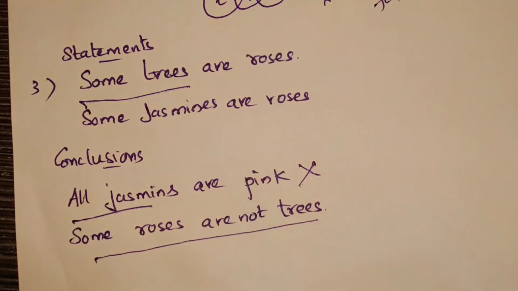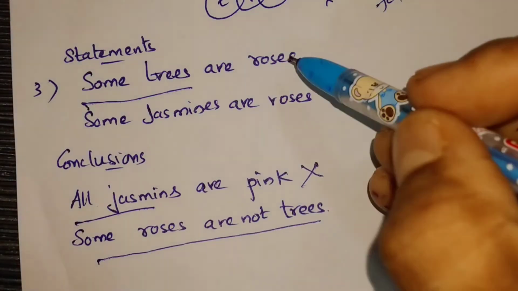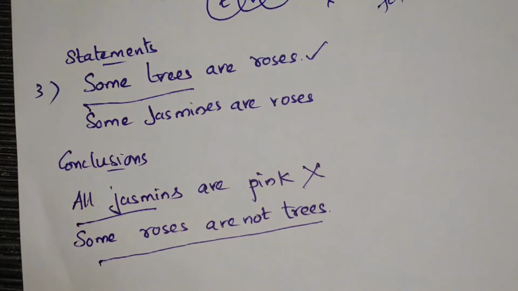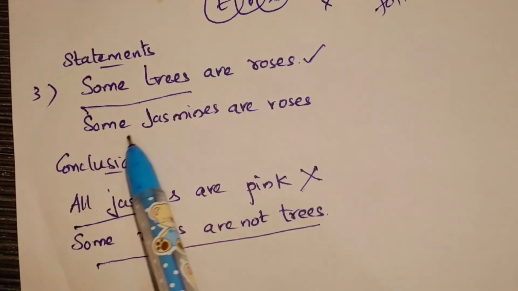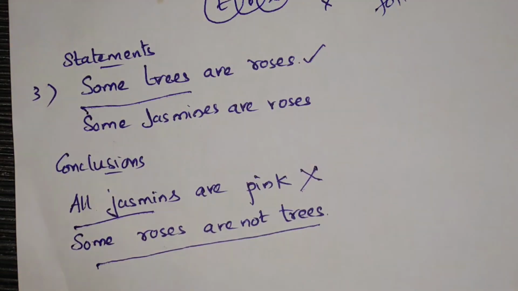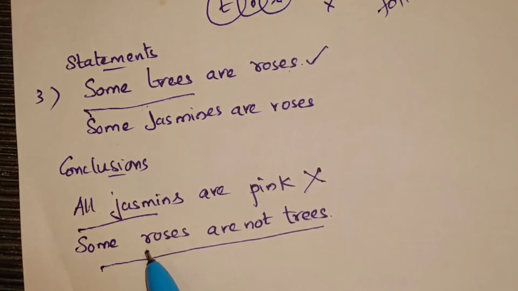Some roses are not trees. Some trees are roses, some roses are not trees. Let us check now. Some trees, some jasmines, some roses. By saying some trees are roses, some roses are not trees, so two can follow.